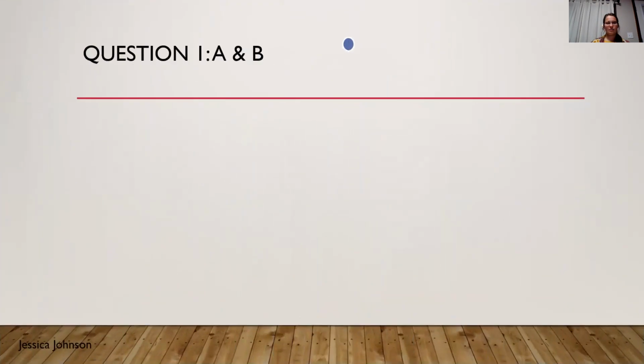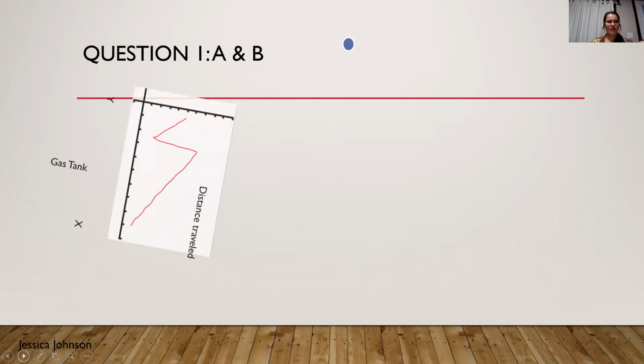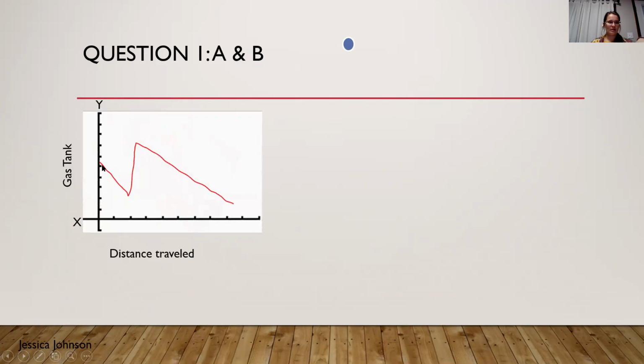We are asked to graph a chart of gas in a gas tank when a driver refills the tank while they're driving across country. So here we are. We're driving across country, and on the x-axis, the distance is the distance we travel. And the farther we travel, the gas tank goes down.